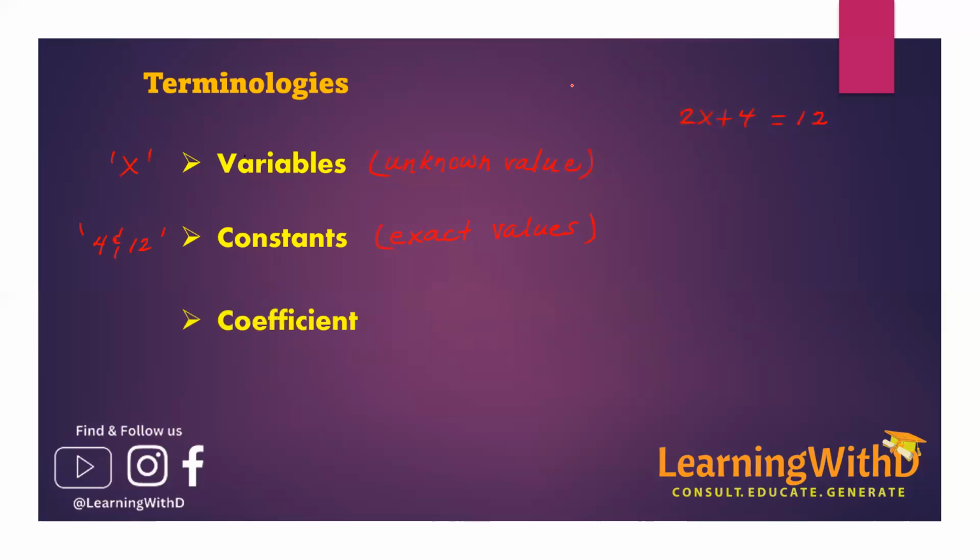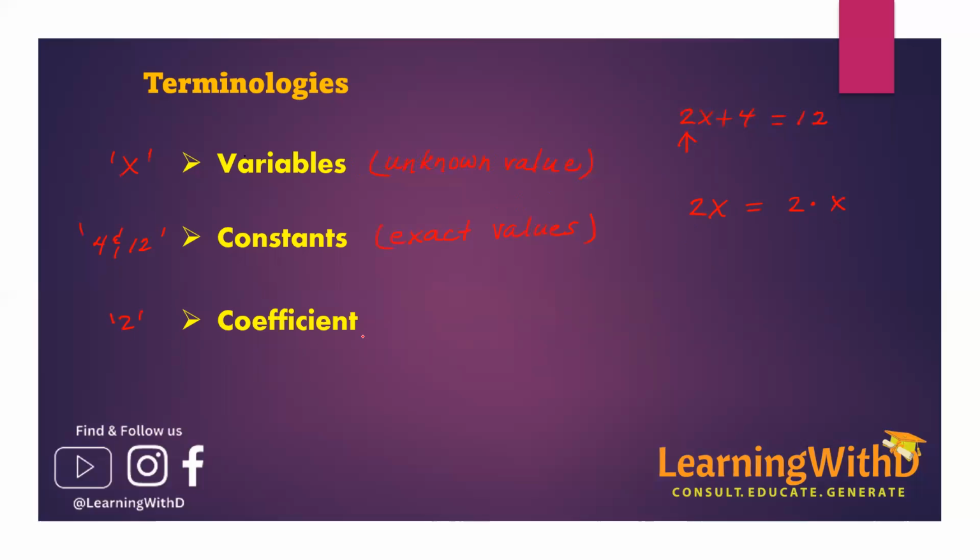Now, if you notice, there's this number in front of the x here, right here, the 2. 2x really means 2 multiplied by x. So you don't see an operator in between here, but it means 2 multiplied by x. In that case, 2 is the coefficient.